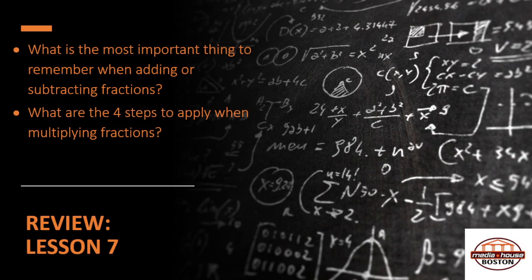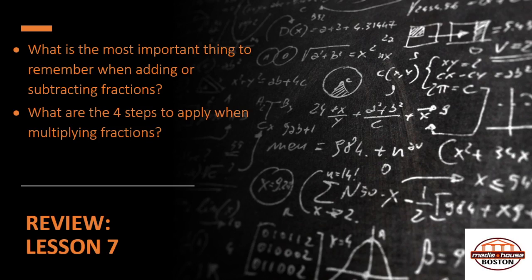For you to add or subtract fractions, you need a common denominator in both fractions. If the fractions do not have the same denominator, we find the lowest common denominator, convert both fractions based on it, and then we can add the numerators.